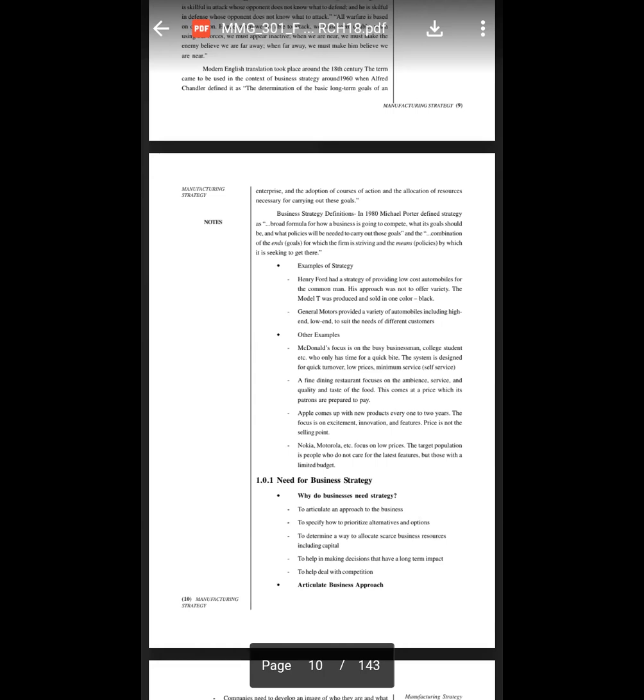Now the other example they have given is Apple. Apple comes with a new product every 1 or 2 years. The focus is on excitement, innovation, and features. Price is not the selling point. You can see the price of Apple is relatively high compared to other mobiles. Why is it so? Because Apple is a product made mostly for luxurious people.